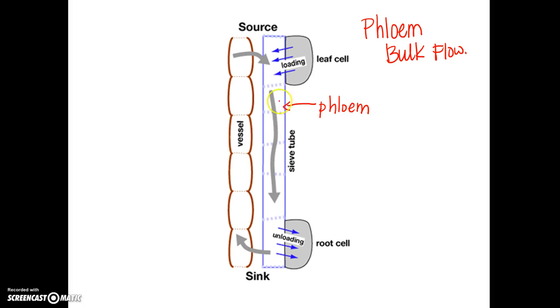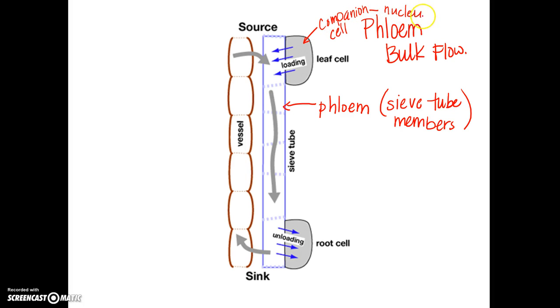And these cells are called sieve tube members. This is called a companion cell. The companion cell contains the nucleus and other organelles. So it's going to do the major work of the cell. And the sieve tube members are just going to be adapted for transporting sugars, okay?